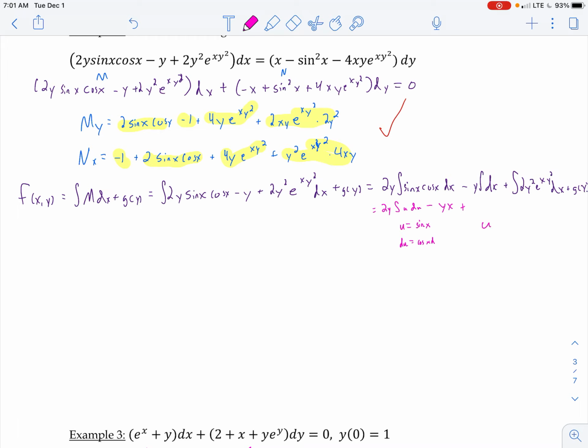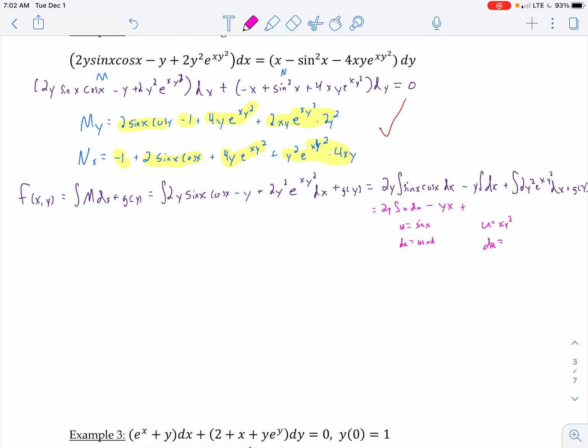I'm going to make u equal to xy squared.